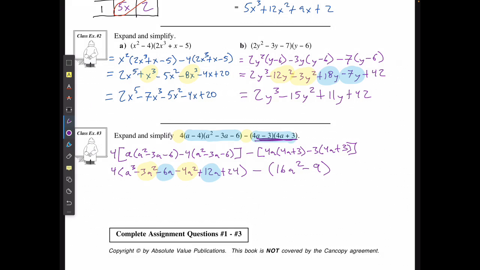So if I just expand everything out, then I'm going to get 4a cubes minus 12a squareds minus 24a's minus 16a squareds plus 48a's plus 96 minus 16a squareds and plus 9. And once again, I'm looking for those like terms. A squareds all combine.